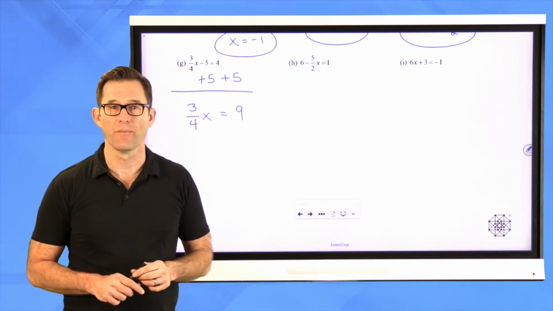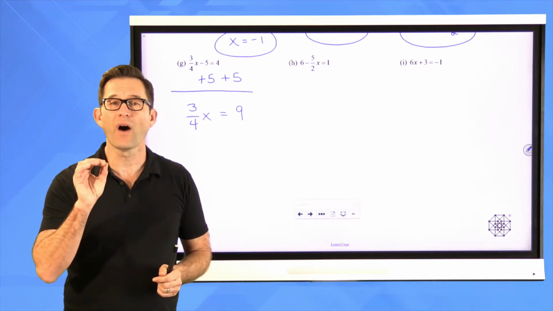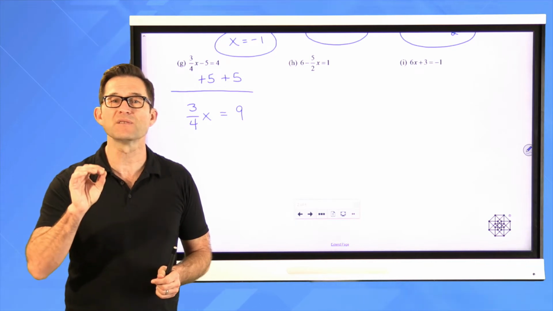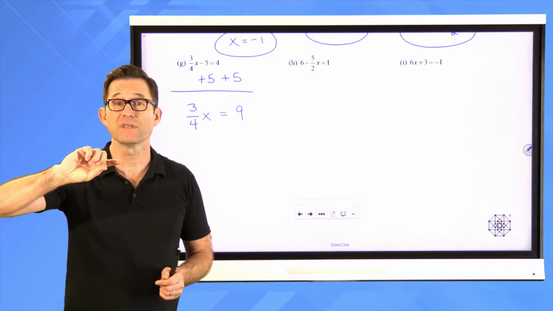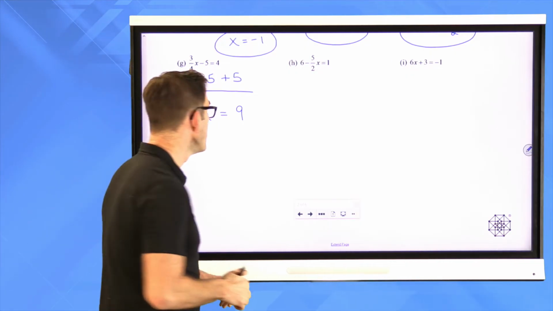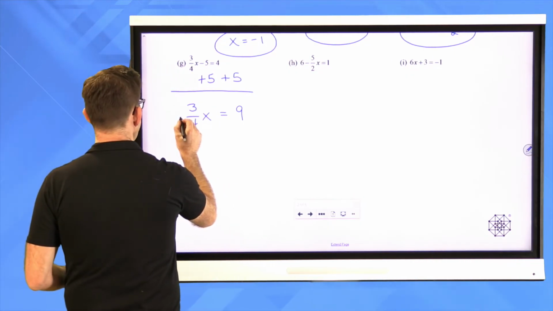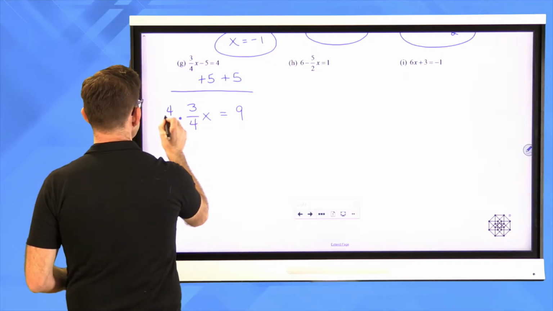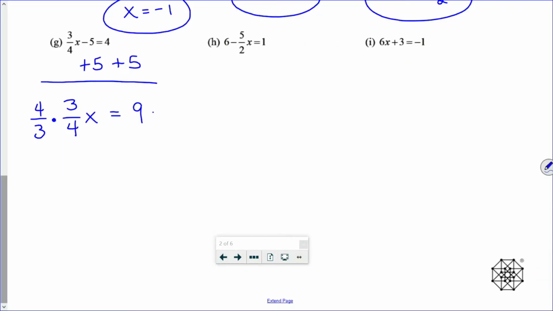by the reciprocal. Remember, when we divide by a fraction, it is the same as multiplying by what's known as its reciprocal, which is its flipped version, okay? So instead of dividing both sides by 3/4, I'm going to multiply both sides by 4/3. 3 cancels 3, 4 cancels 4.